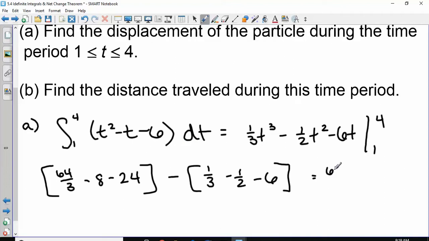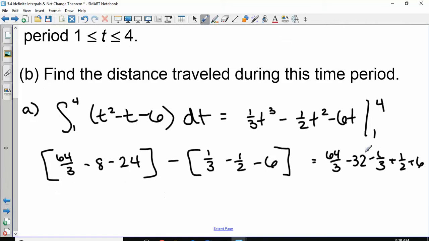So we get 64 over 3 minus 1 over 3, which is 63 over 3, or 21. Negative 32 plus 6 is negative 26 plus 1/2. So negative 5, so that's negative 10 over 2 plus 1 over 2 is negative 9 over 2. So my displacement turned out to be negative.